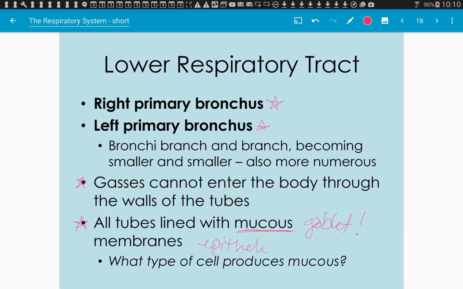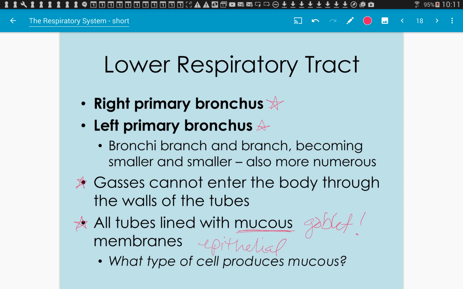Does anybody remember what epithelial cell lines your trachea, for example, or the bronchi? This is the one where you have that mucus escalator: ciliated pseudostratified columnar epithelial cells. Yeah, it's the big, long one. The cilia help move the mucus up and out.